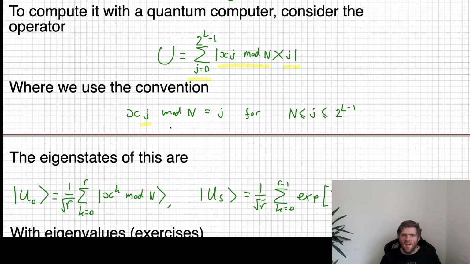Then x times j mod n is going to be a kind of weird thing to calculate. So we're just going to take the convention that x times j mod n is equal to j in those cases, because we don't really care what's going on up there. So we just fill it in with whatever. So we have some convention such that this is a valid unitary.